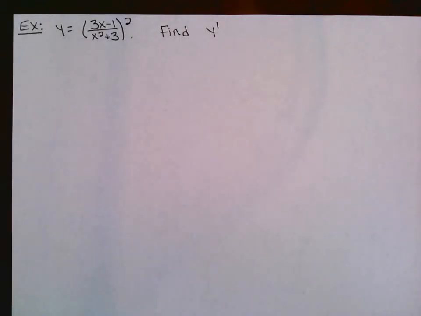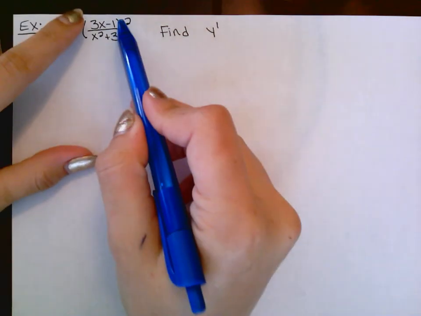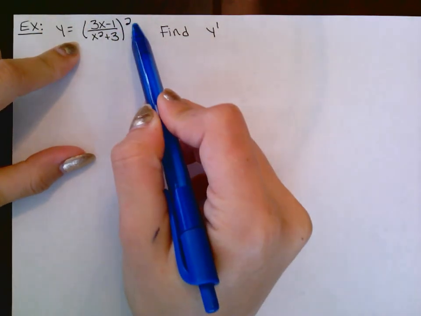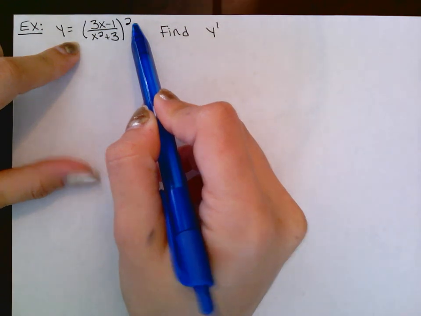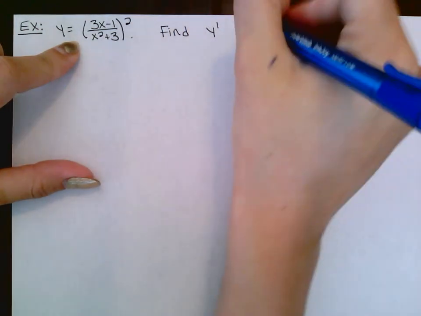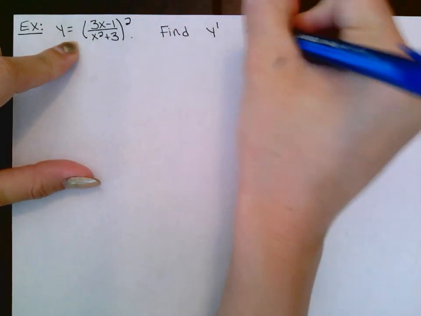All right, as we look at this next example, it says y equals this fraction all being squared, okay? So if I try and see what I spot first, hopefully you spot that there's something big being squared, okay? So now the order, the first thing you should be seeing is the composite function.